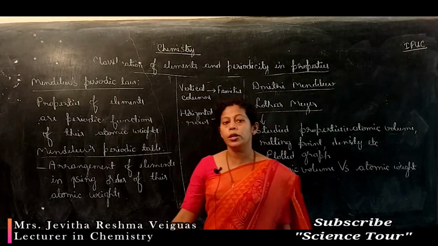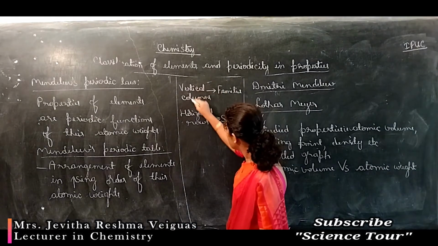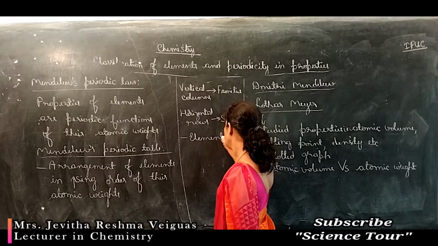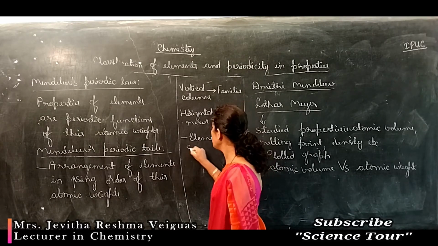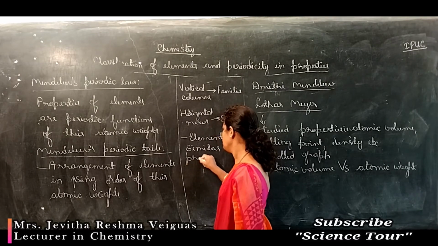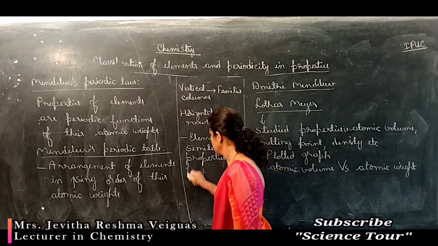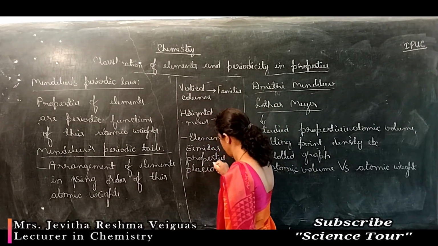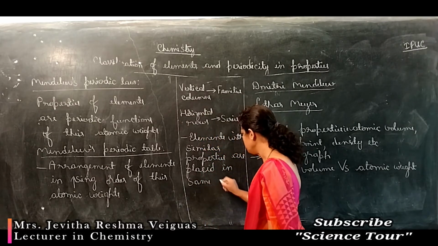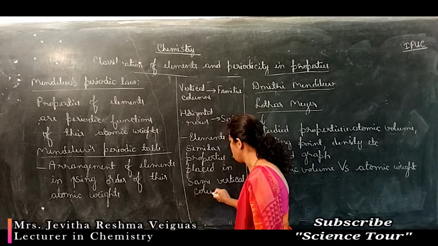In his periodic table, the elements with similar properties were in the same vertical column. So, elements with similar properties are placed in the same vertical column. If you look at a vertical column, you will find the elements with similarity in properties.